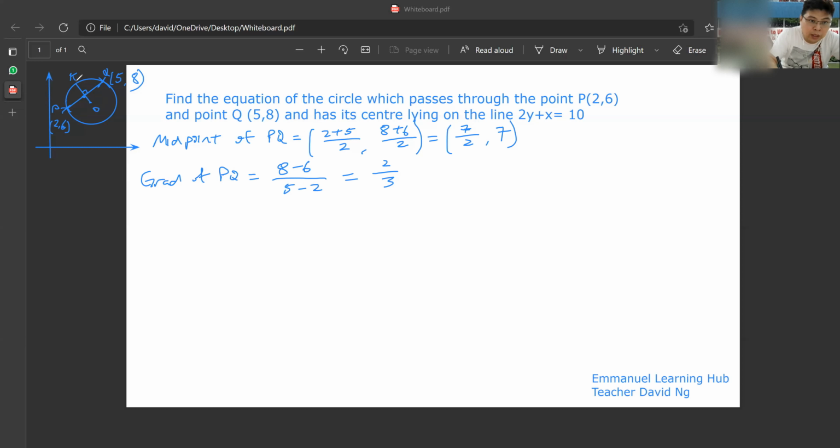This point is called K. Gradient of OK would be minus 3 over 2, because they are perpendicular. So I have the gradient of OK, I have this midpoint, I can find the equation of OK, isn't it?